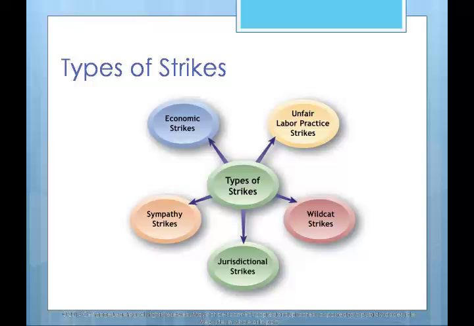You see a lot of sympathy strikes in the grocery industry, where the meat packers may go out on strike, and you have the Teamster delivery drivers having a sympathy strike for their brethren.